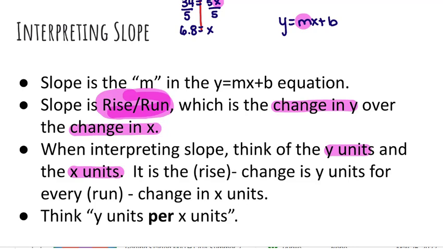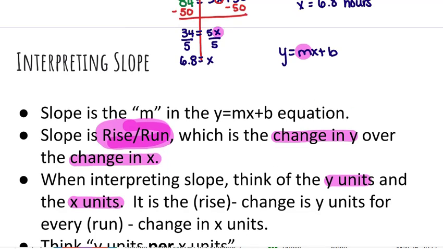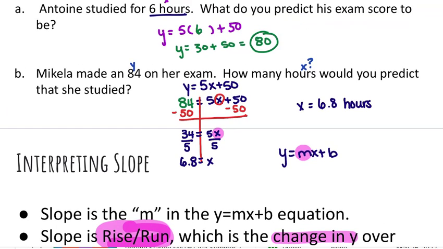So in the previous example, our slope was 5. Y equals mx plus b. 5 is the slope. But our units, remember the x was hours. The y was your score on the test, right?